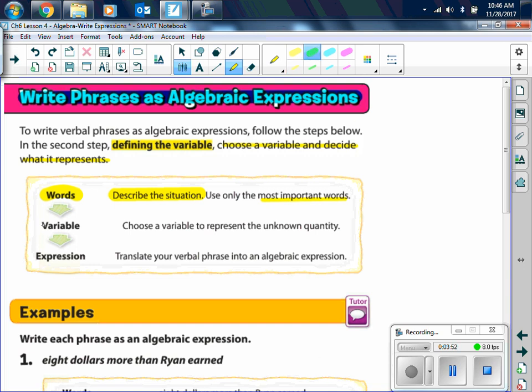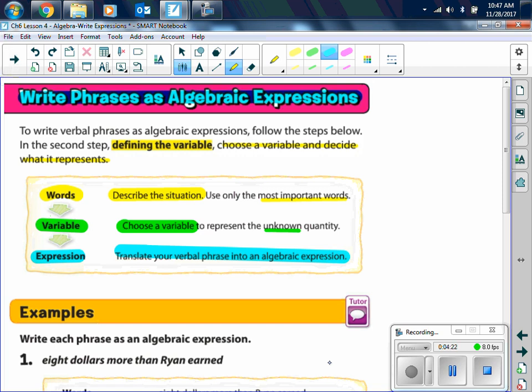Then the second thing you're going to do is you're going to choose a variable to represent the unknown quantity. Okay? So now you're going to choose a variable for the unknown. Okay? And then finally, you're going to write your expression. Here, you're going to translate your verbal phrase into an algebraic expression. In other words, you're going to translate the English to math.